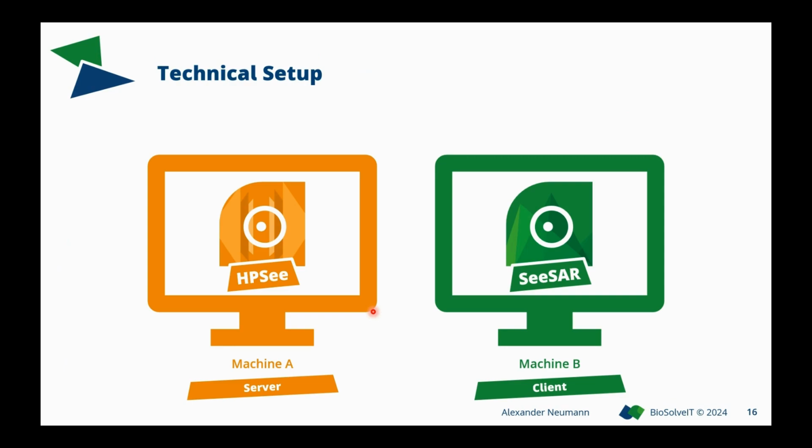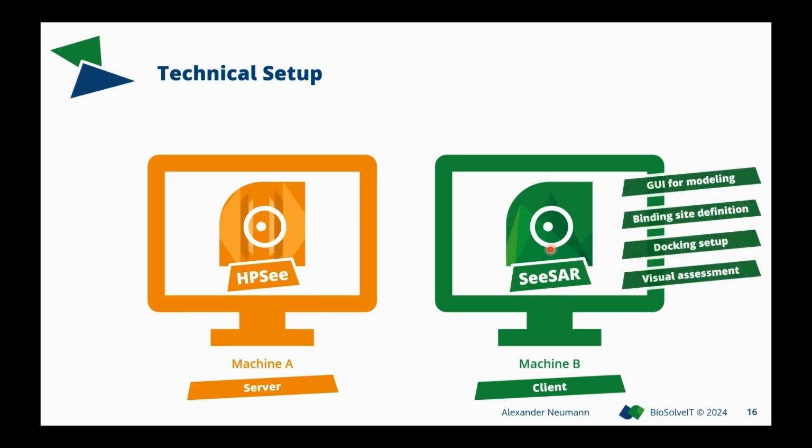Now a little bit into the technical scenarios here. Chemical space docking runs on SeeSAR, but requires another instance for the calculation, which is our platform HPC. So what happens here? We start our docking setup with SeeSAR.